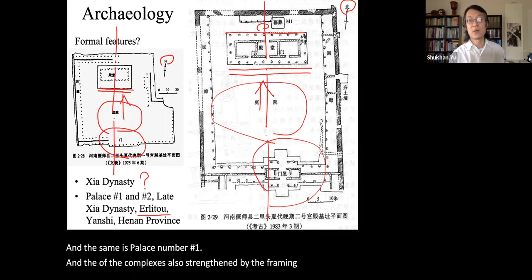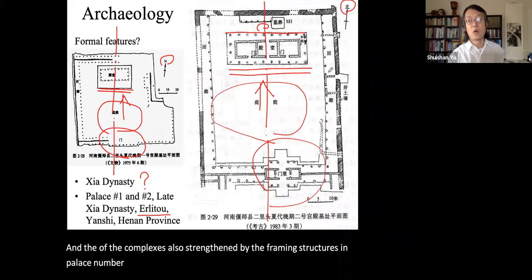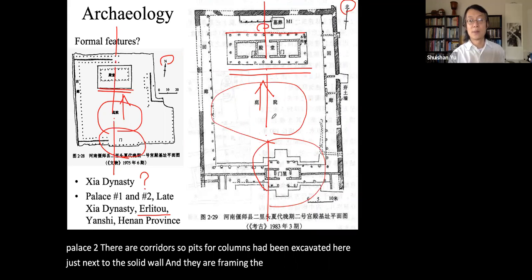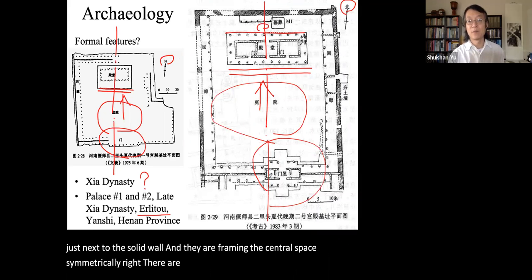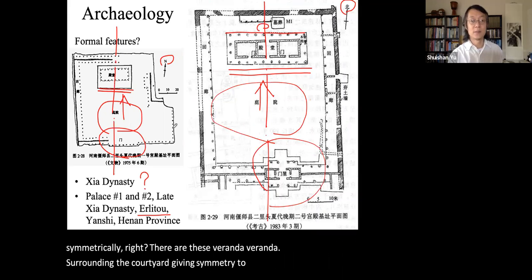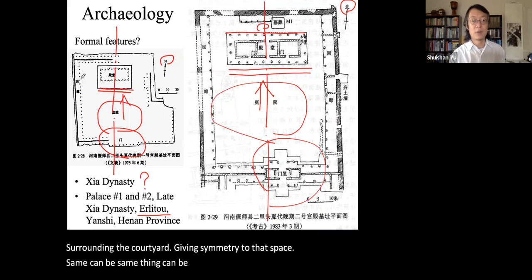In palace number 2, there are corridors. So pits for columns had been excavated here just next to the solid wall, and they are framing the central space symmetrically, right? There are these verandas surrounding the courtyard, giving symmetry to that space. The same thing can be said of palace number 1, right?